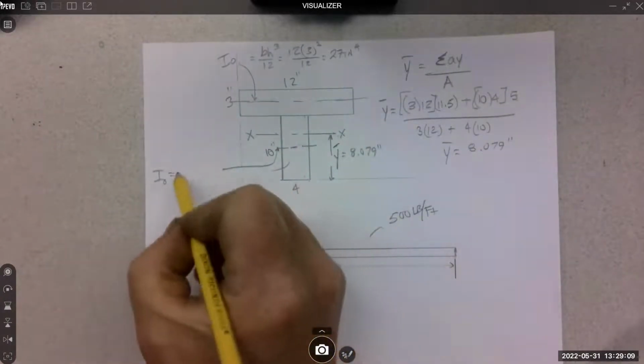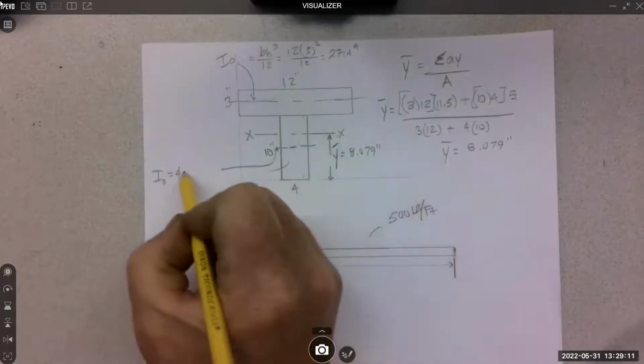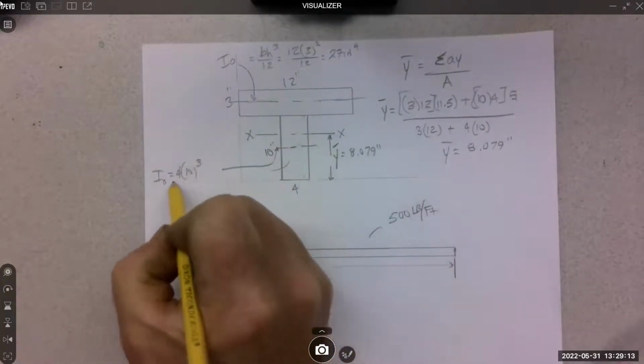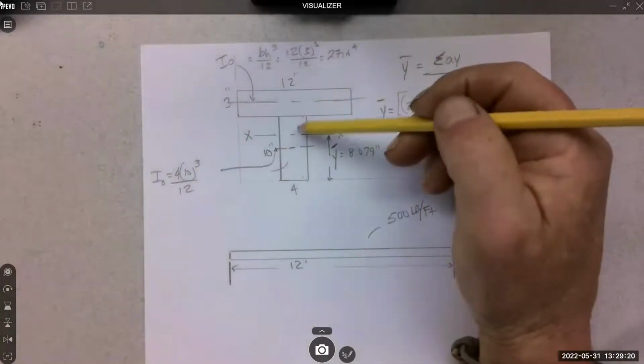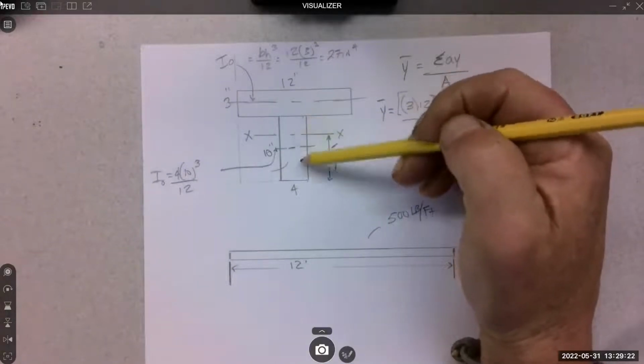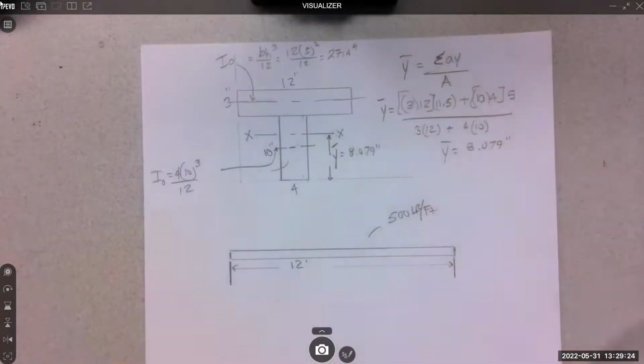Again, base 4, height 10, cubed over 12. So you use the same formula, it's just the base and the height switch. And it makes sense, this tall piece is going to be a higher inertia than a flat piece.